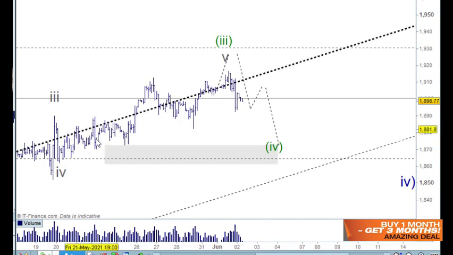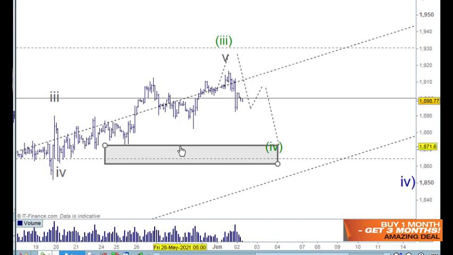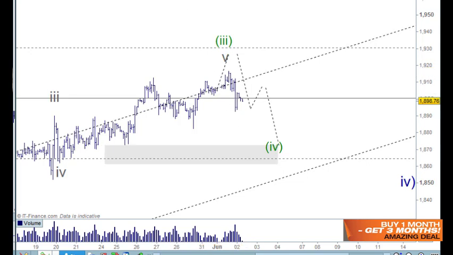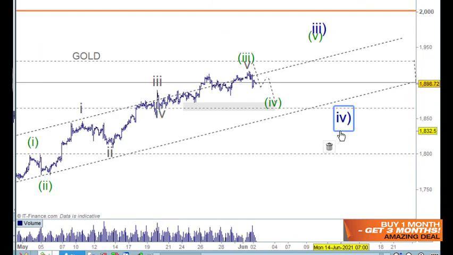Still got this extra wave here, which bothers me a little bit, but anyway, we've got that turn pretty well right, and we were looking for a move down back into this box here. So that's what we'll look for. So a bit of weakness to come into this.